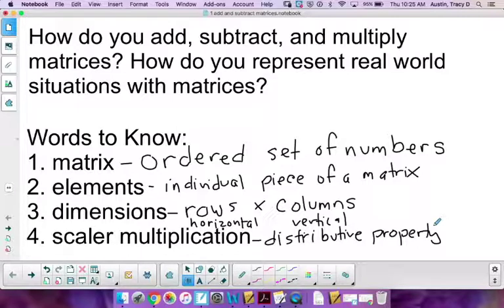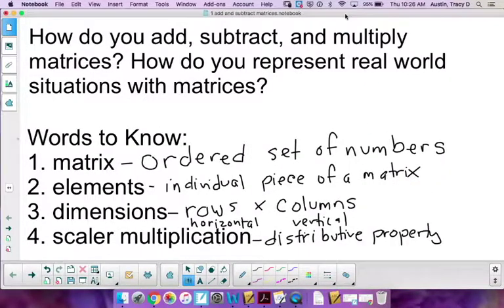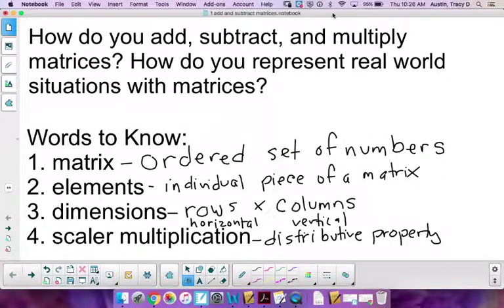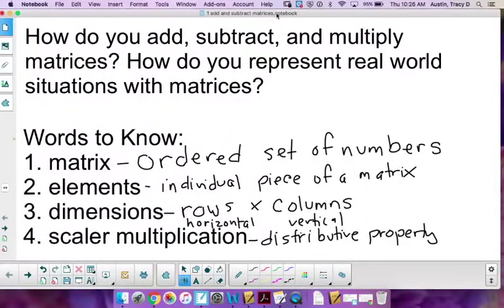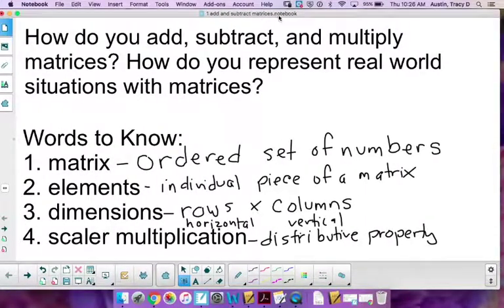They had this project that they used to do that started with a smiley face in the middle of a graph, and you had to make it bigger and make it smaller, and we call that dilating, right? Well, that's pretty much what scalar multiplying does to a matrix. It actually dilates the entire matrix, okay?